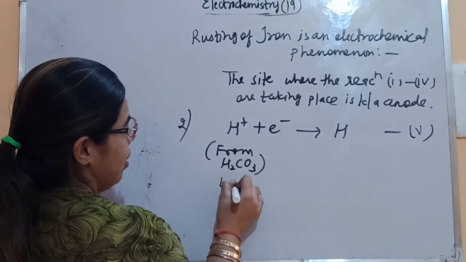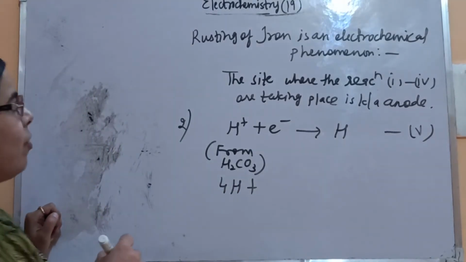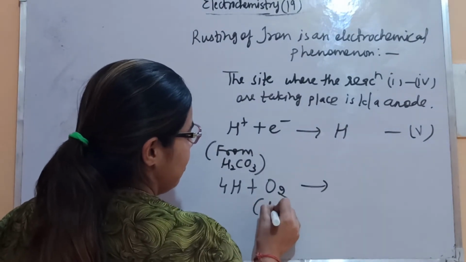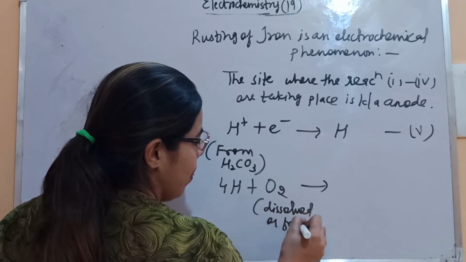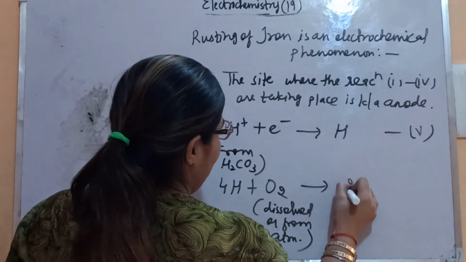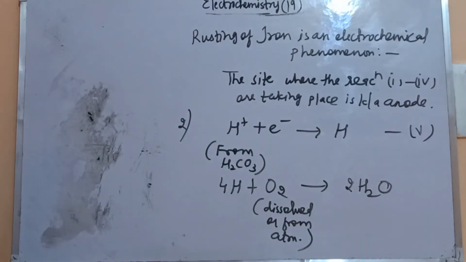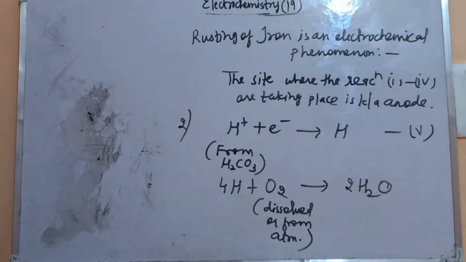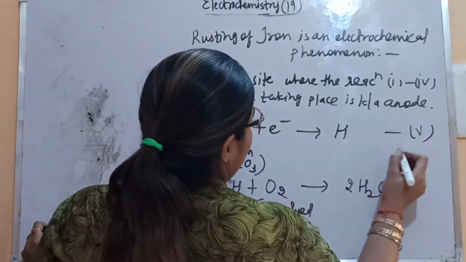Now these hydrogen atoms will react with the dissolved oxygen or the oxygen from the atmosphere. It will form two molecules of water. Okay, this is the two molecules of water that get formed.